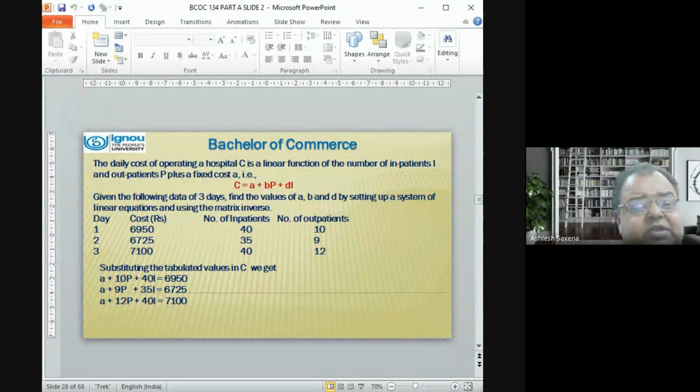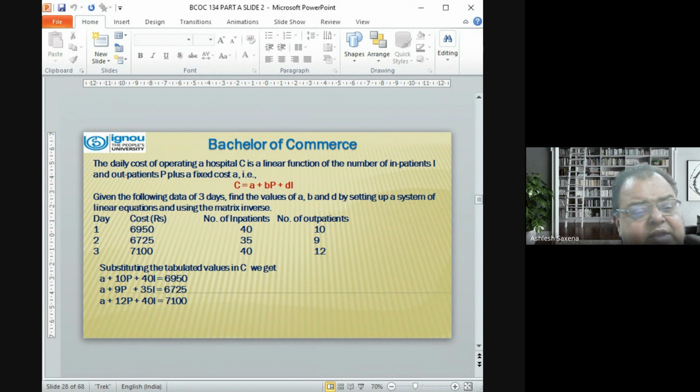Okay, fine. We have a 3 by 3 condition. Now how does that condition arise and how will it be written in matrix form? First of all, we have to substitute the values of C, or we have to calculate the values of C.